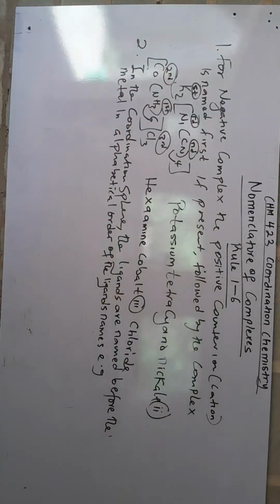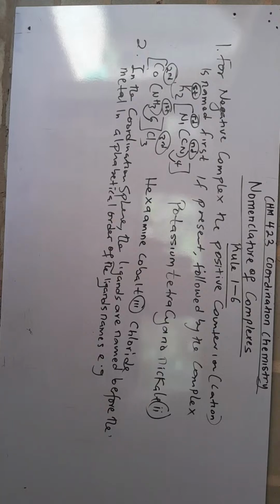According to rule number 2, when you want to name a given coordination compound, what you need to do is first deal with those in the coordination sphere. In the coordination sphere, the ligands are named before the metals.